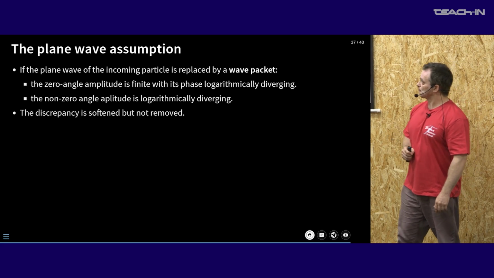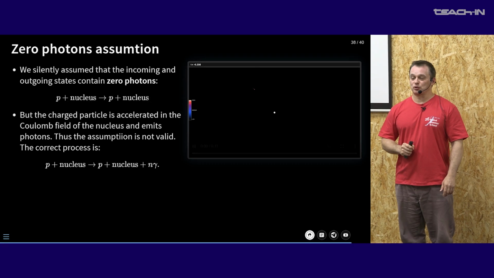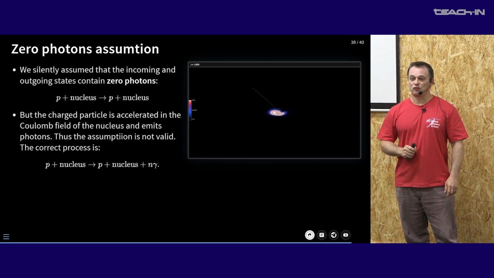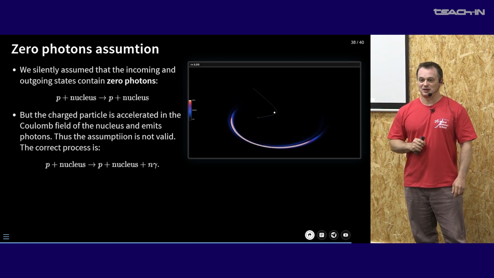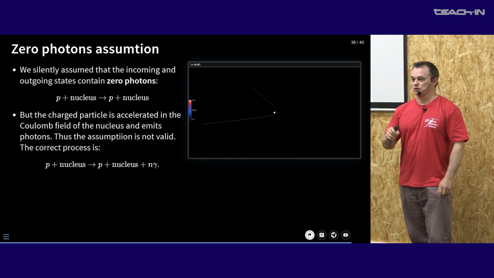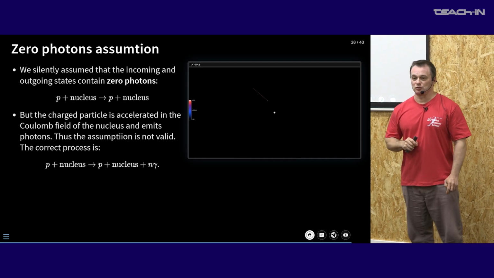The actual reason is that our calculation was assuming another thing, that no photons are produced in this process. So you have an initial proton plus nucleus, and in the final state you also have the proton plus the nucleus.